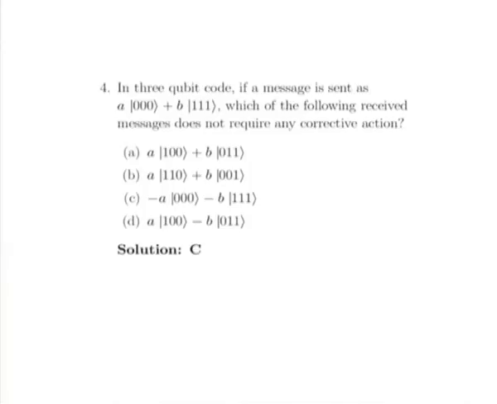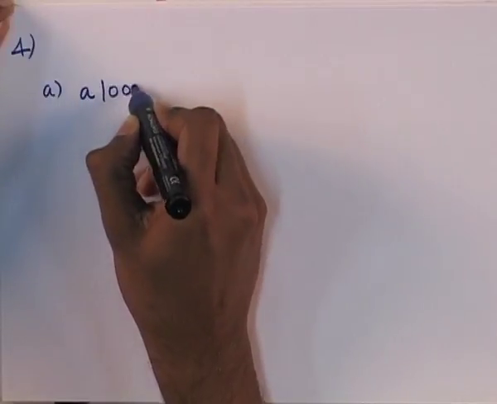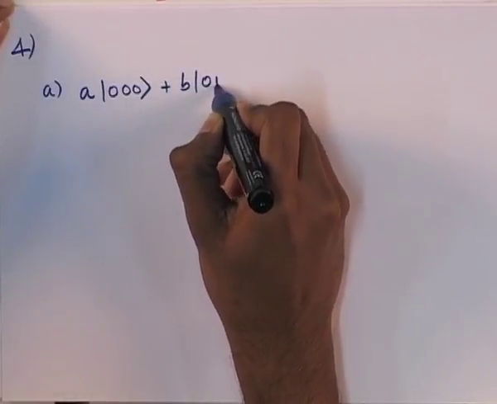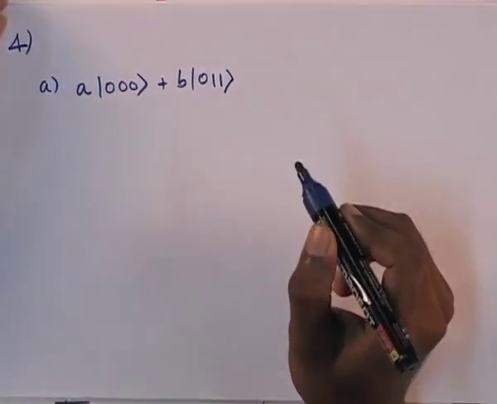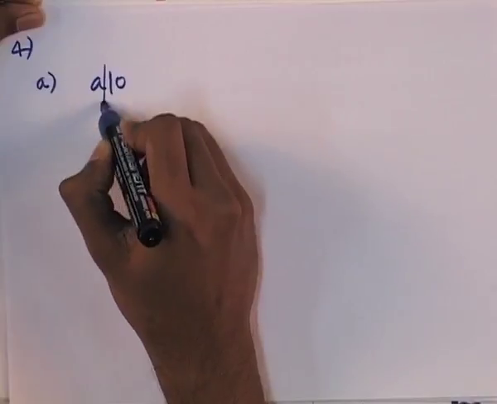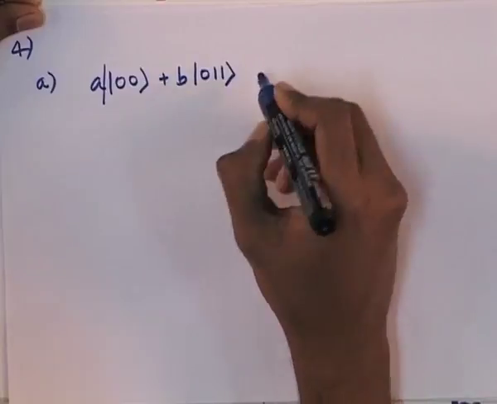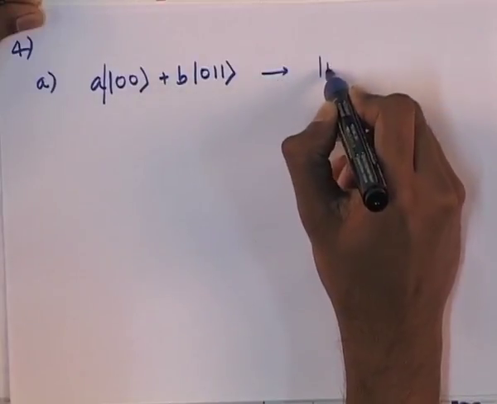The received messages are given as follows. The corresponding ancilla bits are 1, 1.